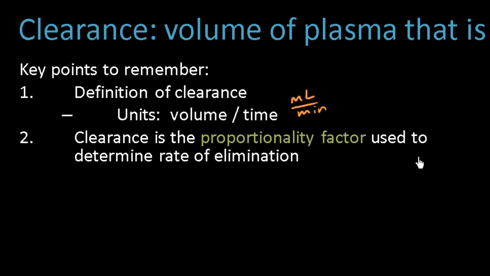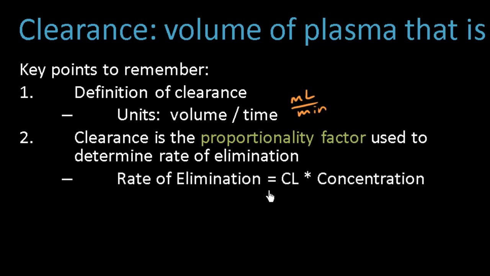This is a definition used in many textbooks. So what do I mean? Well, if I wanted to figure out the rate of elimination, what I need to do is take that clearance and multiply it by the plasma drug concentration. Let's talk about this for one moment. The rate of elimination of a drug is the amount of drug being eliminated per unit time.